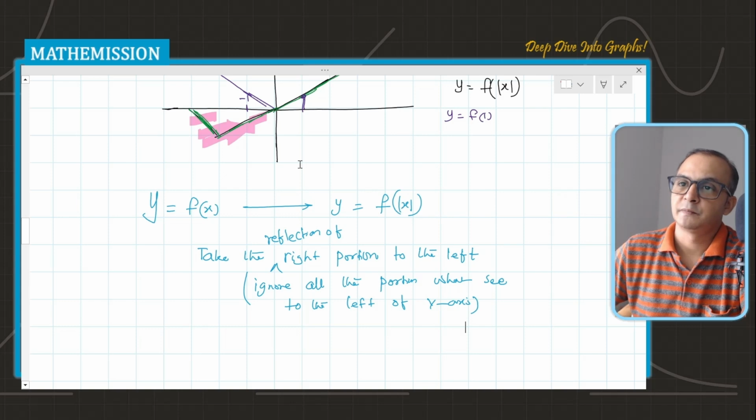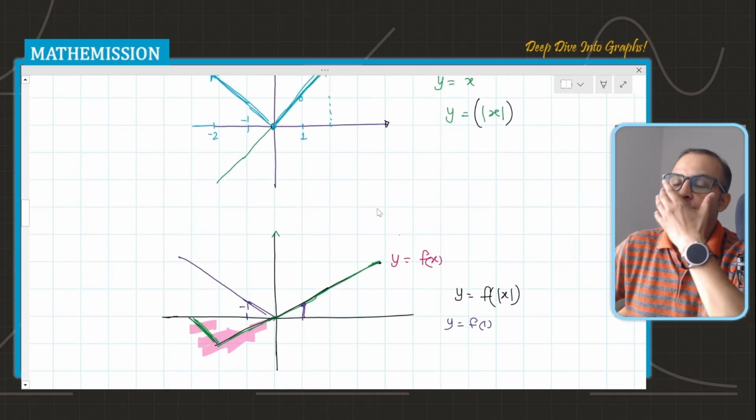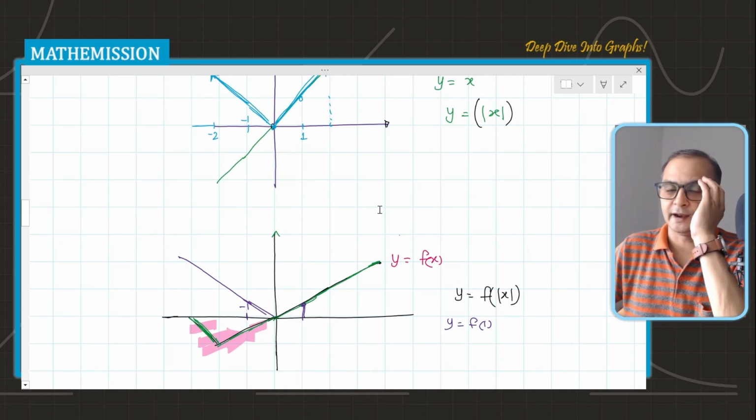We have to only take the right portion to the left as a reflection. So in this way, the modulus function will act, and the definition of modulus function you understood.